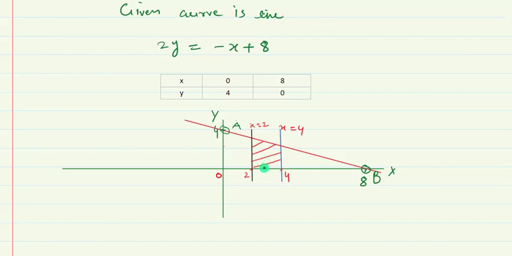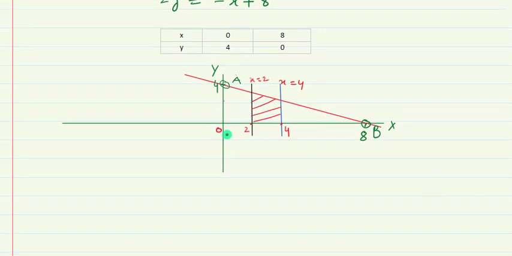So this area is the required area. Now let us write how to find the area by using integration of this portion. So area is equal to integration, the limit is from 2 to 4.